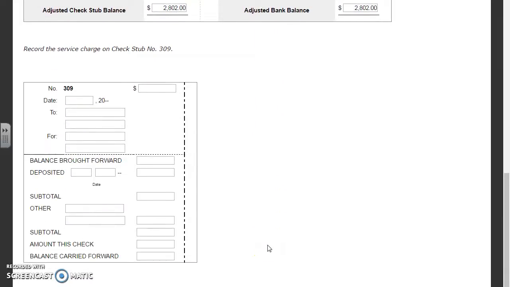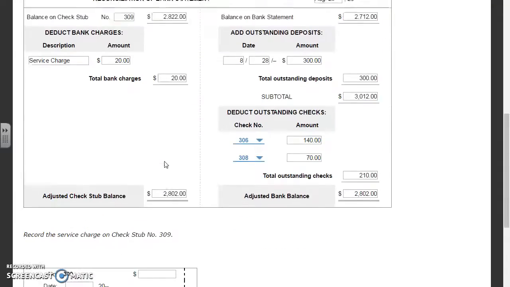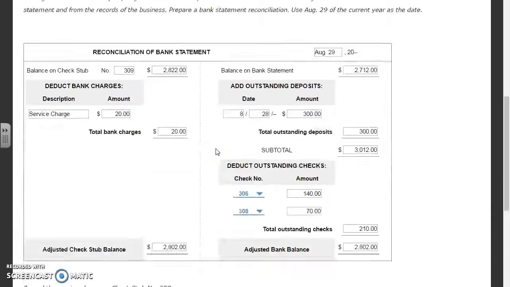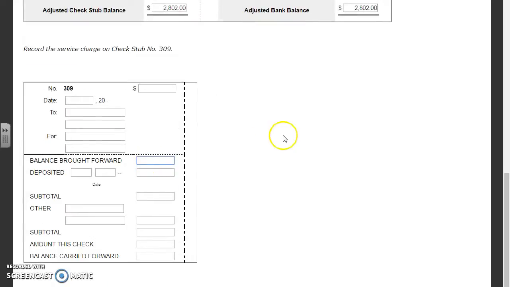Next thing we're going to do is record the service charge on check stub number 309. We're simply recording the service charge. The first thing they're asking is the balance brought forward. Up here on check stub number 309, it tells us that my balance is $28.22. So my balance brought forward is $28.22. I don't have anything to deposit here.